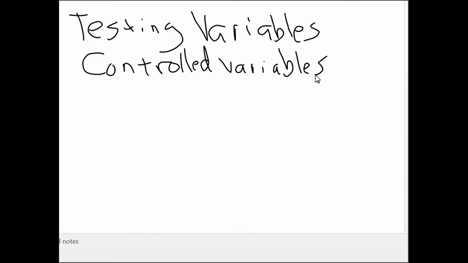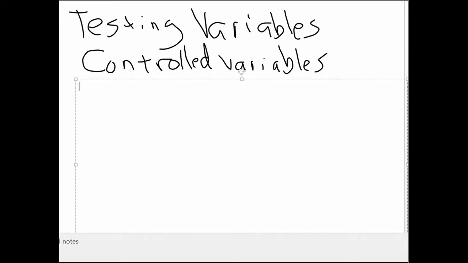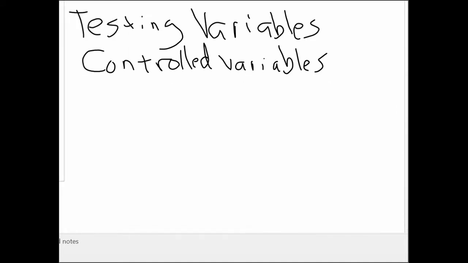I'm going to actually type here, so I think I can fit a little bit more in. So bear with me one second here. And controlled variables are variables that stay the same throughout an experiment.